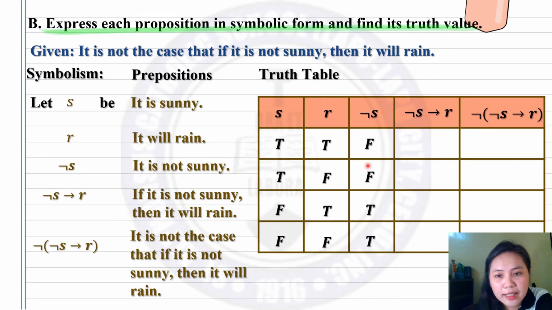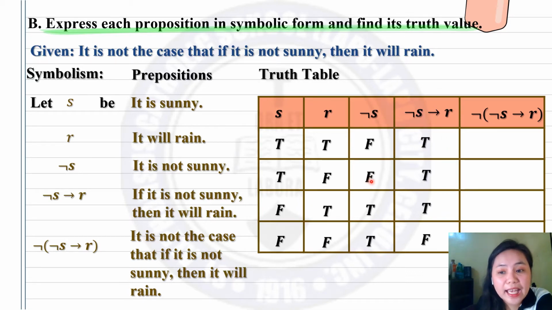The negation of S, so if S is true, its negation is false. If S is false, its negation is true. And as we get the implication of not S and R, if not S is false and R is true, its implication is true.